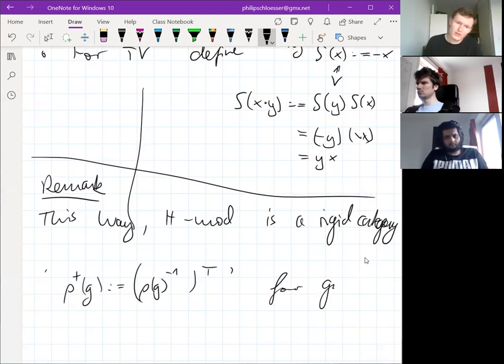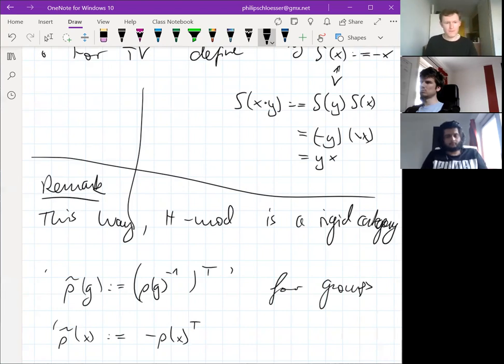And then analogously for Lie algebras, it's something more like minus rho of x transpose. I'm not sure what symbol was used.